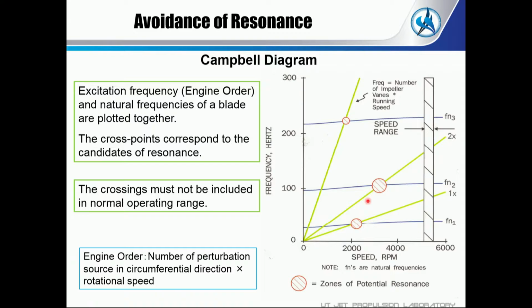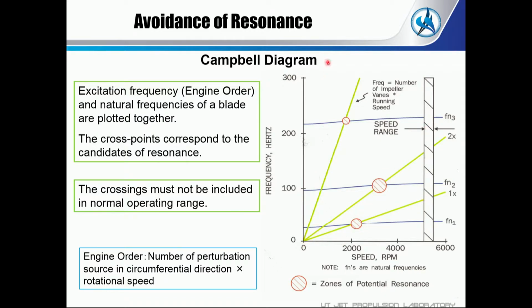So we usually use the Campbell diagram to evaluate the excitation by this kind of force response. The excitation frequency is called engine order. Natural frequencies of the blade are plotted together here in the Campbell diagram. This is shaft speed, RPM, and this is frequency. This green line shows the engine order.